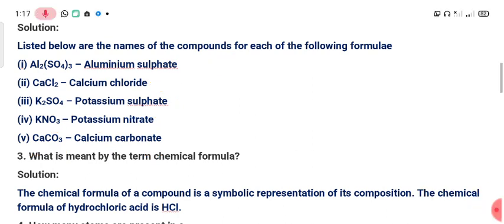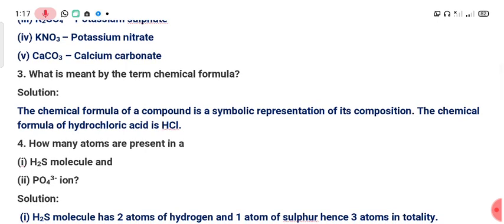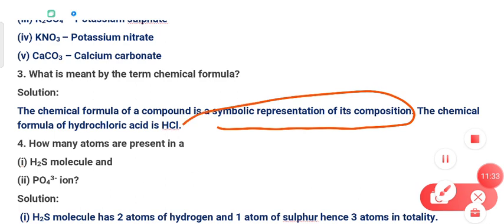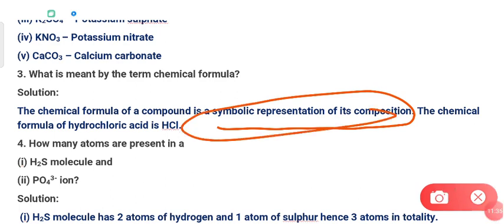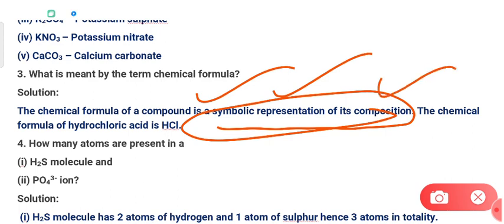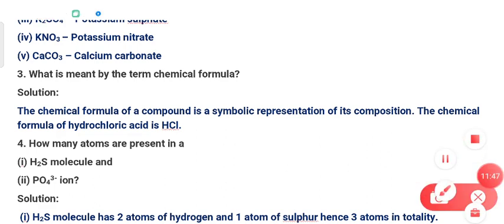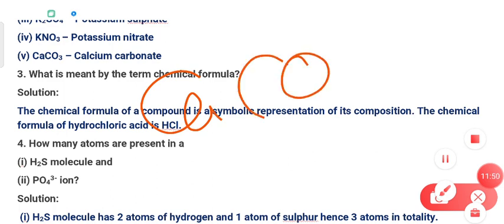What is meant by the term chemical formula? It is a symbolic representation of the composition of a compound. For example, CaCO3, calcium carbonate.